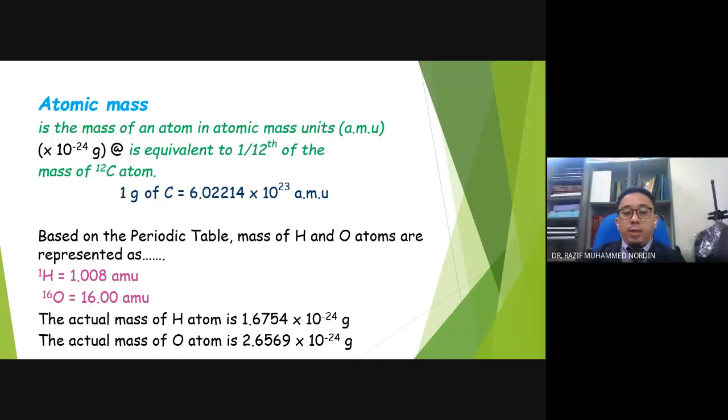Based on periodic table, the mass of hydrogen atom can be represented as below. And then the actual mass of hydrogen is 1.6 times 10 to the power of minus 24 gram. Very, very small. Even until today, kita tak ada penimbang yang boleh timbang 10 to the power of minus 24. So all this number mean the calculated number sahaja.